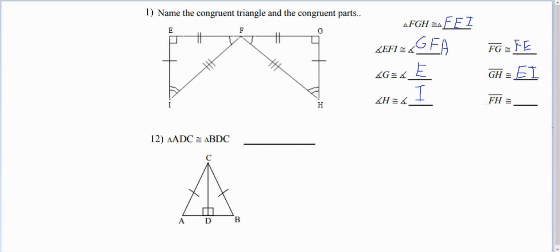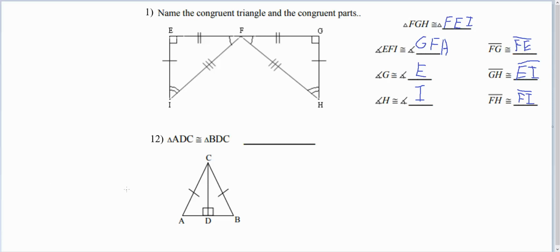And finally, FH has the triple tick marks, so FH corresponds and is congruent to FI. And don't forget your symbols.